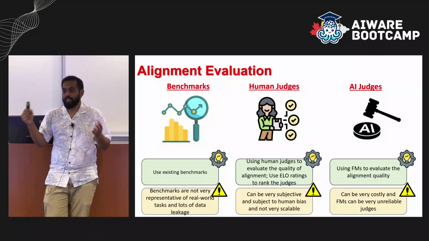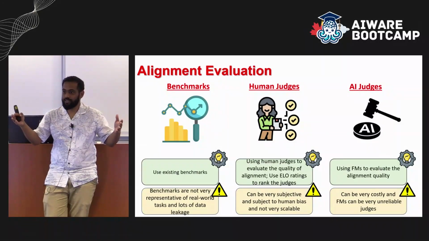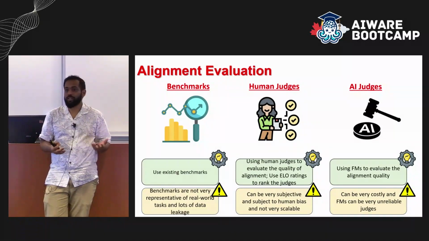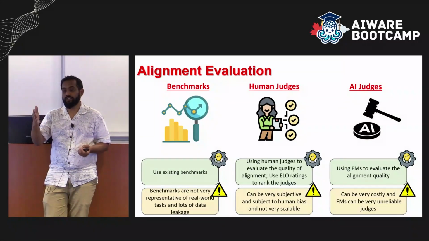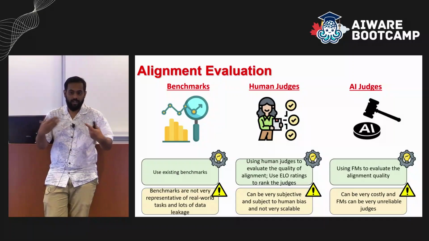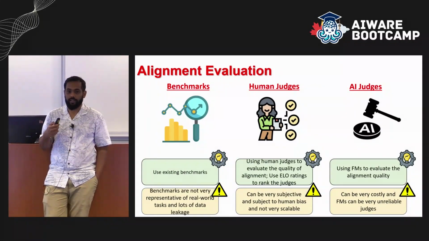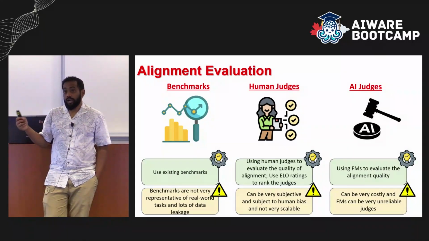So people use ELO ratings to rank the human judges, and then they can pick and choose which kind of judge with a rating they want to label the task to evaluate the FM's alignment quality. But once again, even with all these rankings, it can be very subjective, and it's not scalable, once again.